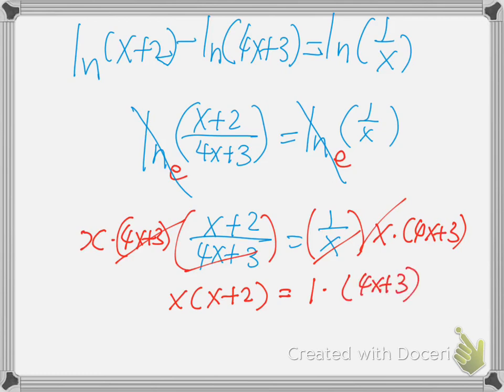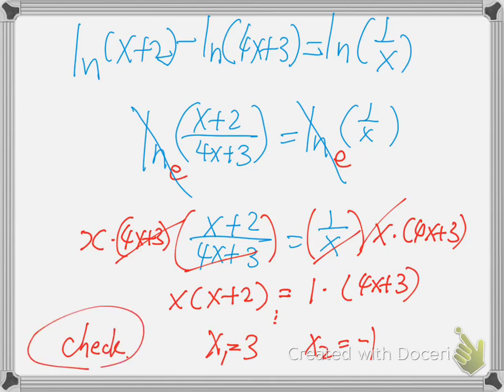Solve this quadratic equation, and you will get x1 is 3 and x2 is negative 1. Now we will check these two numbers. When x is 3, x plus 2 is positive, this is positive, this is positive, so they're all positive.